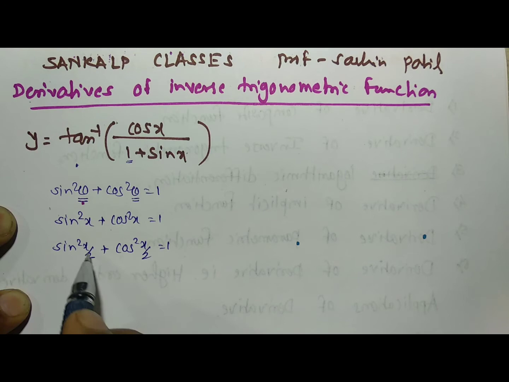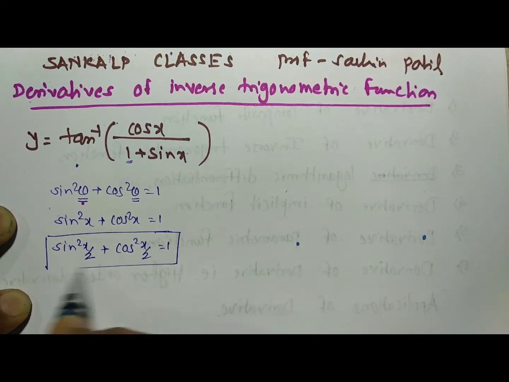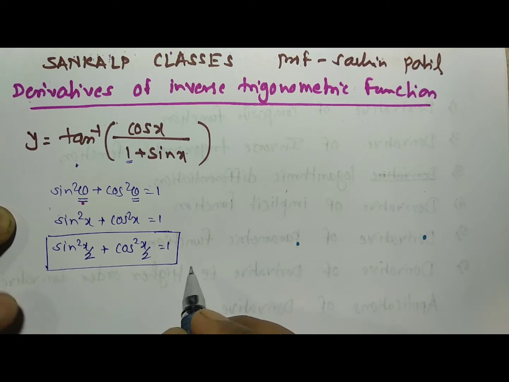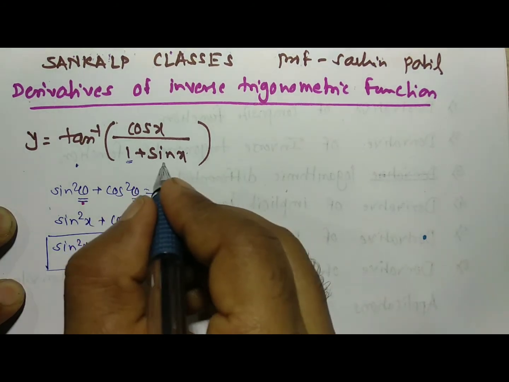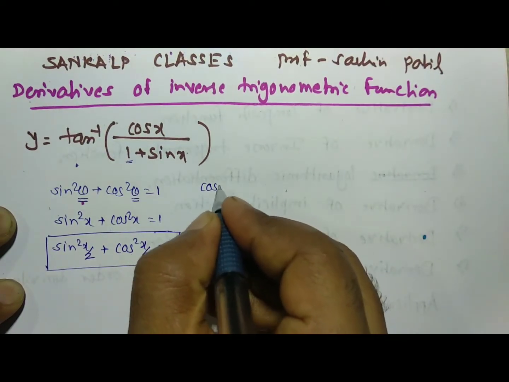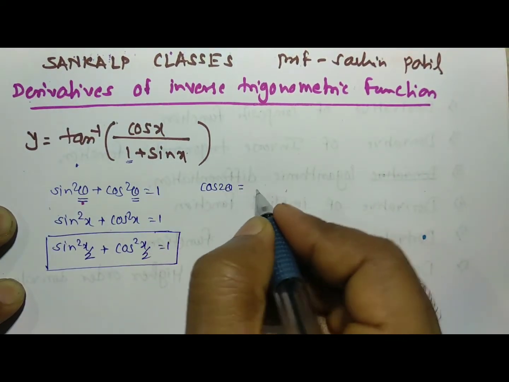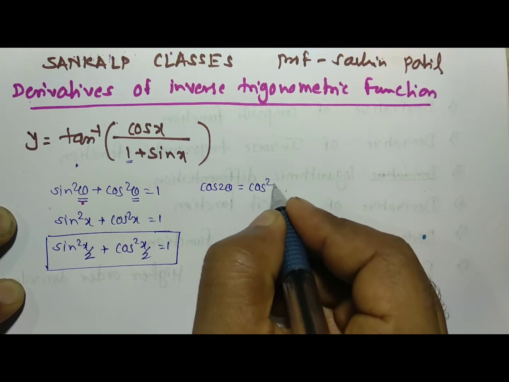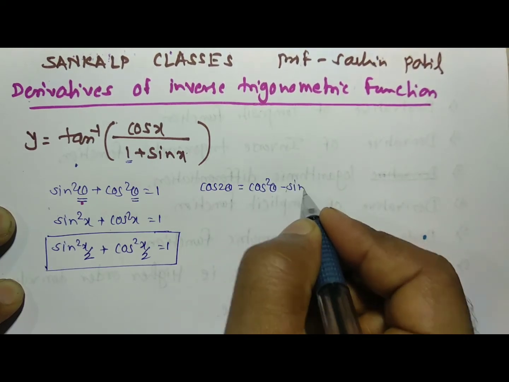That means here we have to use the half angles, and therefore this is a half angle formula or half angle identity. Similarly we can find the consideration of cos 2 theta. We know that the formula cos 2 theta is equal to cos square theta minus sine square theta.